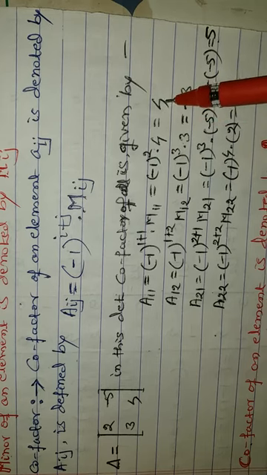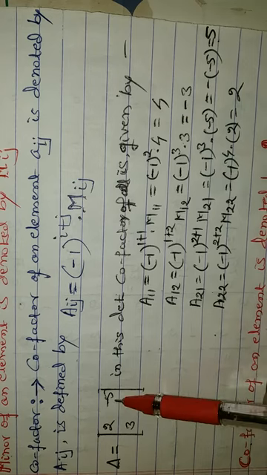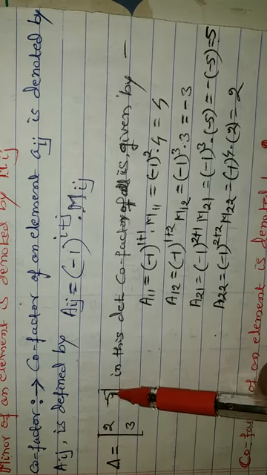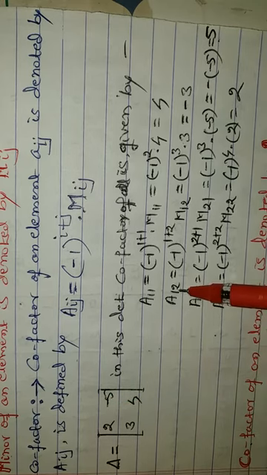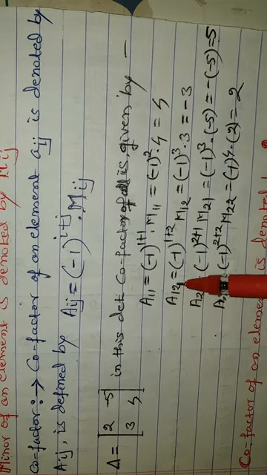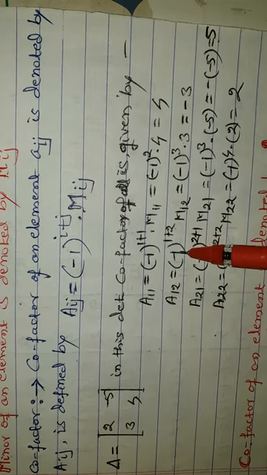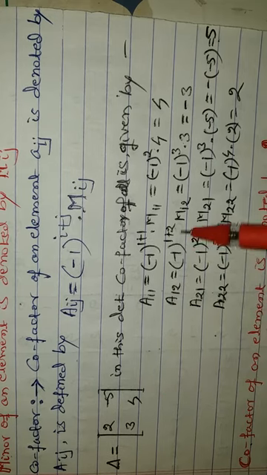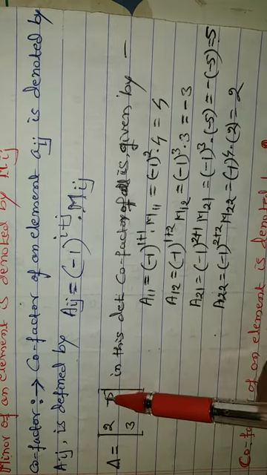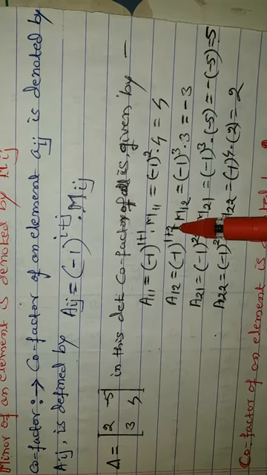Am I right? Then, how do you find the cofactor of the element minus 5? It is in the A12 position. The cofactor of the 12th element is A12, which equals minus 1 to the power of 1 plus 2, because it belongs to the first row, second column.